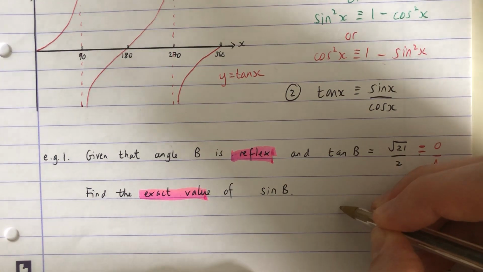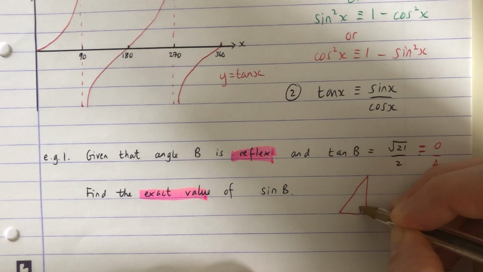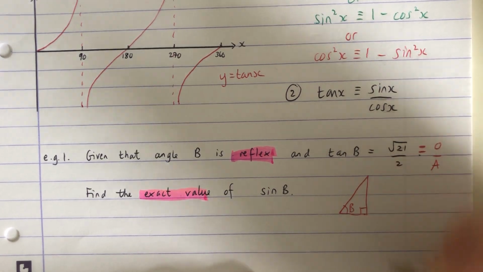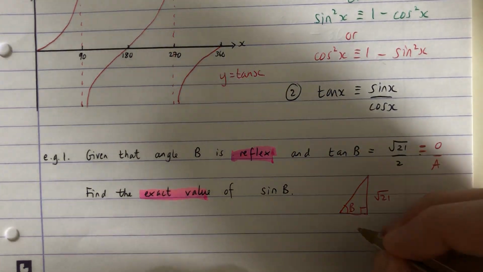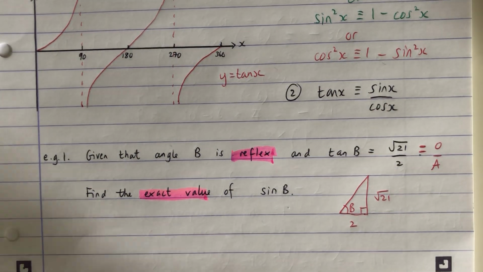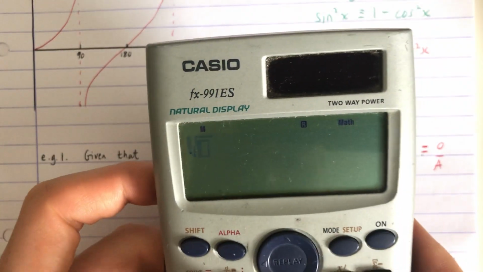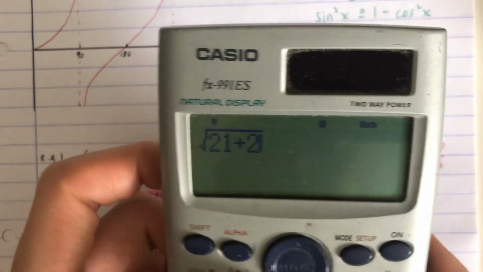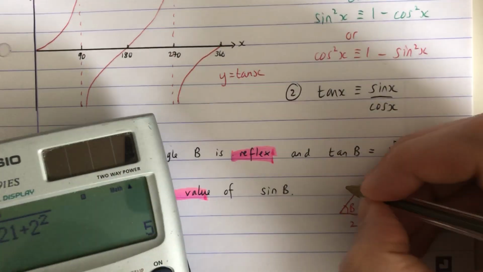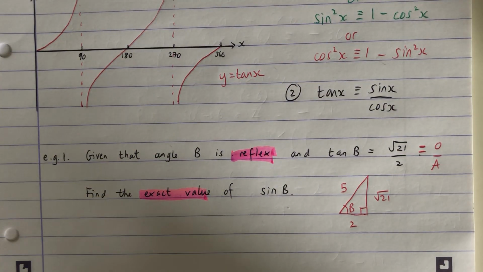So if I just draw a quick sketch of that triangle, it doesn't have to be accurate, call that angle B. The opposite is root 21 and the adjacent is 2. And then using Pythagoras' theorem, you can find out that the hypotenuse would be 5.